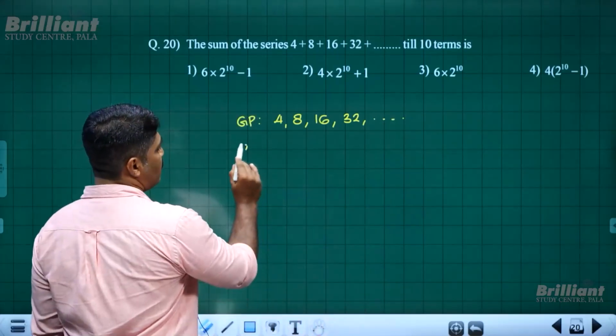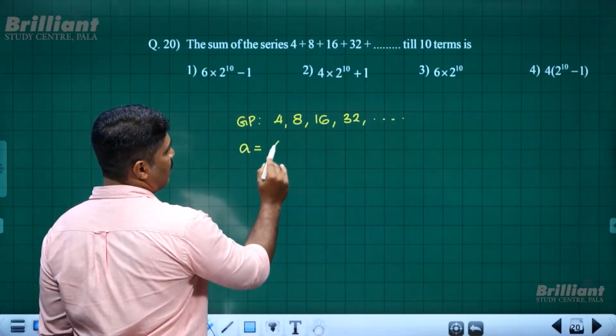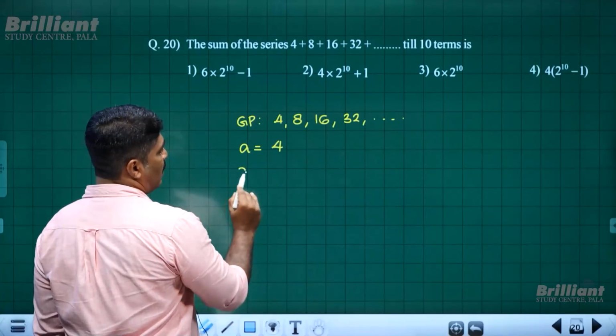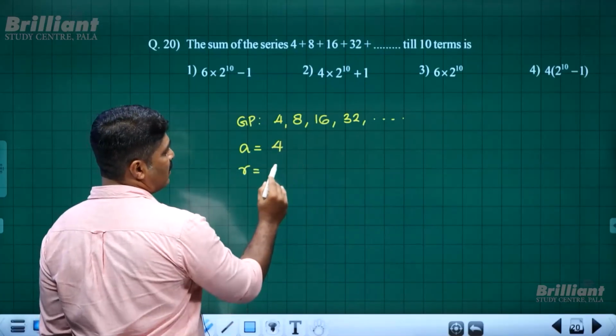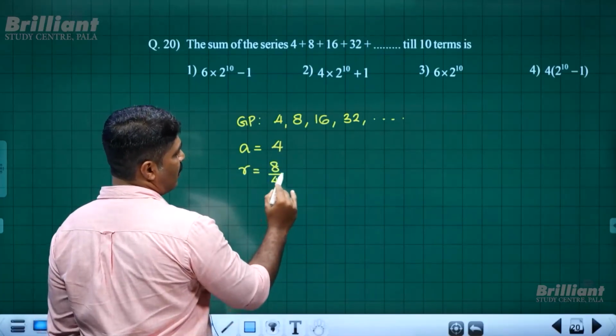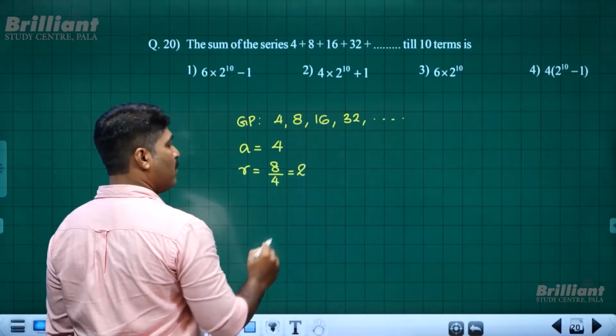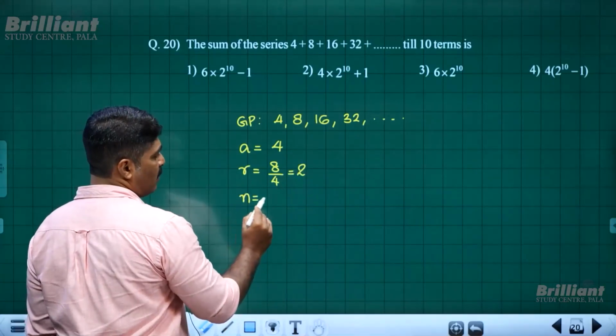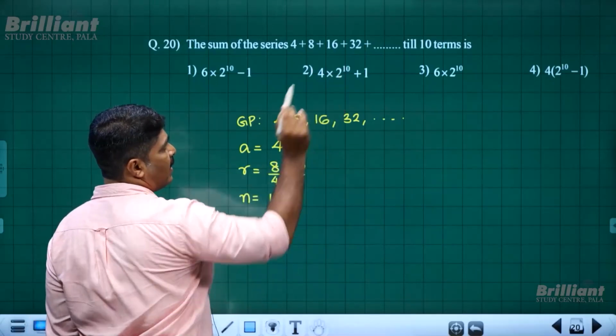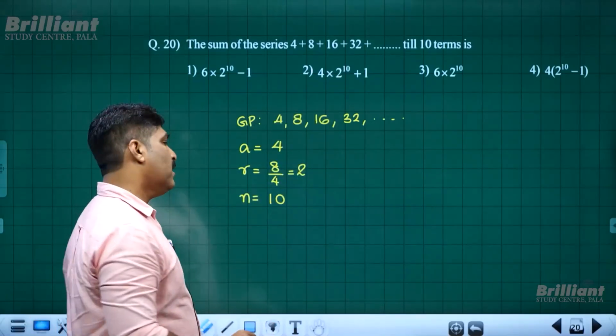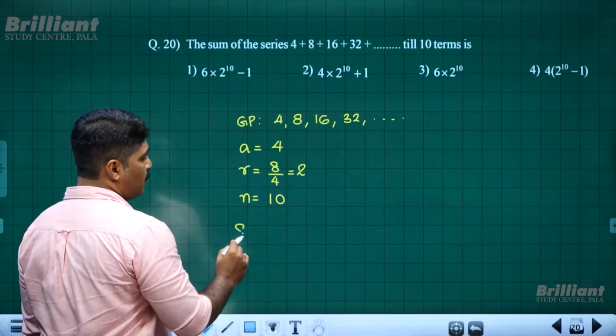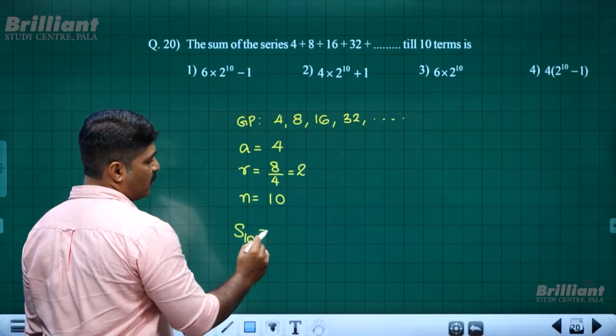So what is the first term of this GP? That is 4. What is the common ratio here? That is 8 by 4, which is equal to 2. What is the number of terms? It is given that 10 terms. Then what is the sum to n terms of a GP?